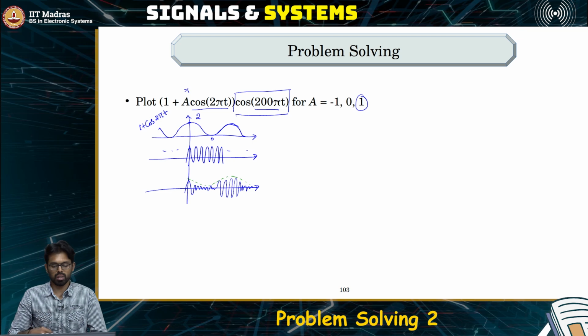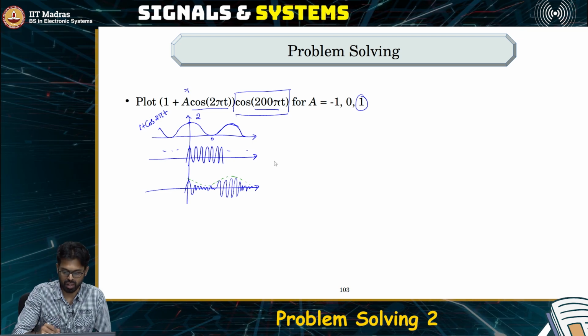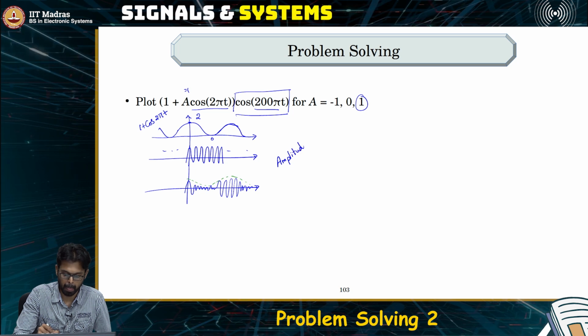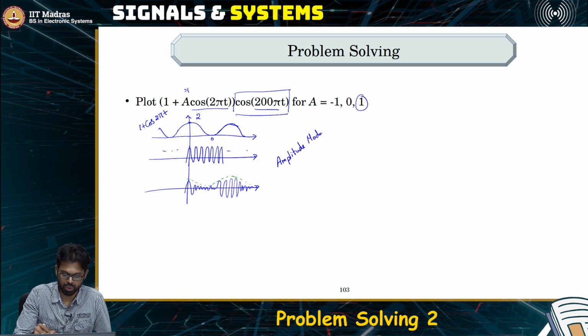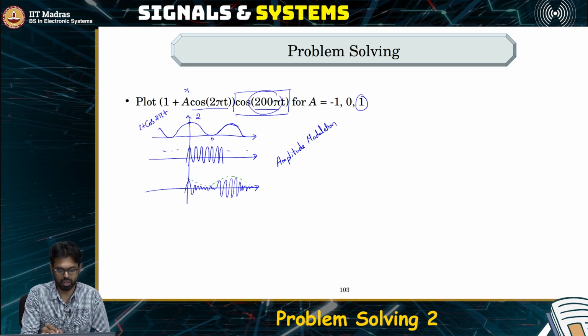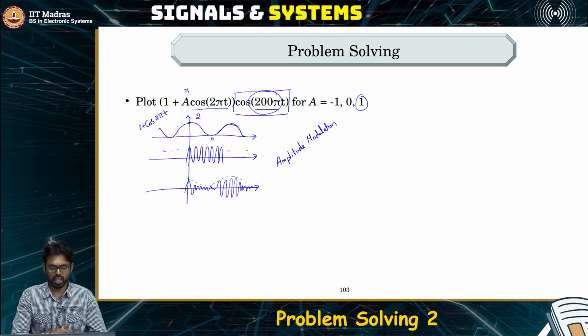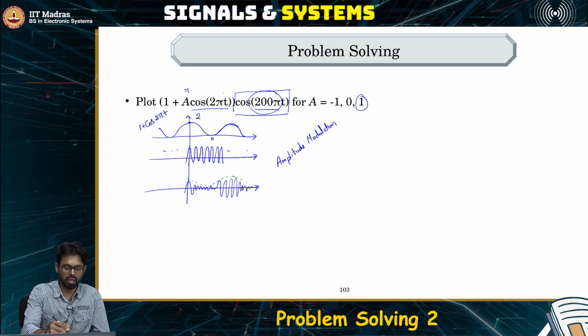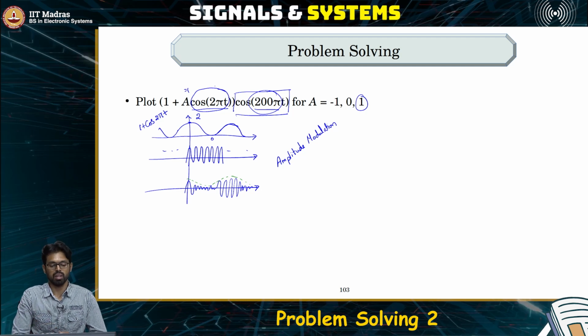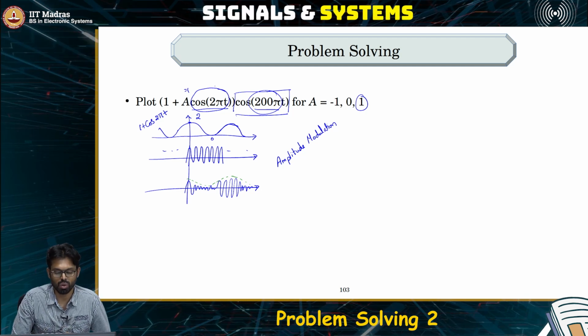So this is what we call in communication as amplitude modulation. So you take a sinusoid of very high frequency and then change its amplitude depending on whatever is the message signal. So in this case, the message signal is cos 2 pi t.